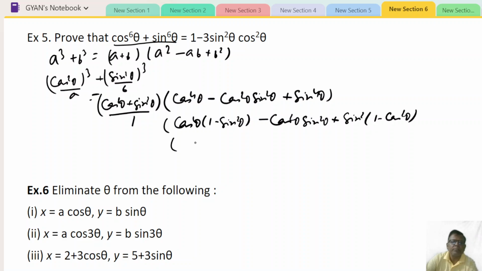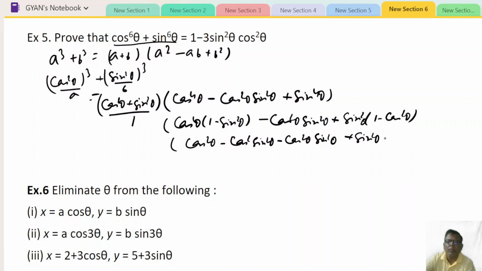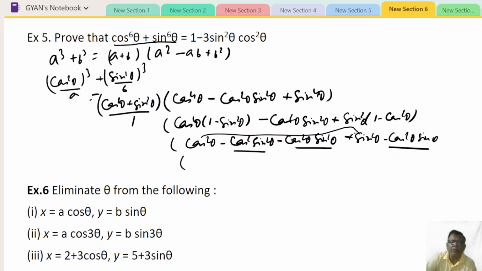So here it becomes cos square theta minus cos square theta sin square theta, minus cos square theta sin square theta, plus sin square theta minus cos square theta sin square theta. So 1, 2 and 3. And cos square theta plus sin square theta becomes 1. So 1 minus 3 cos square theta sin square theta. RHS proved.